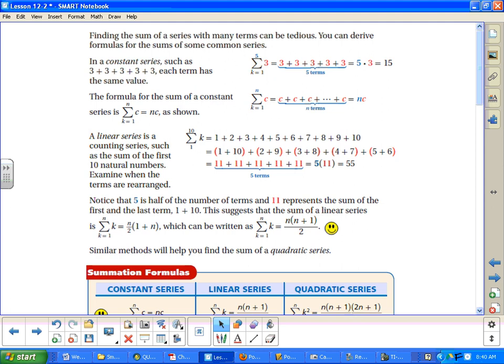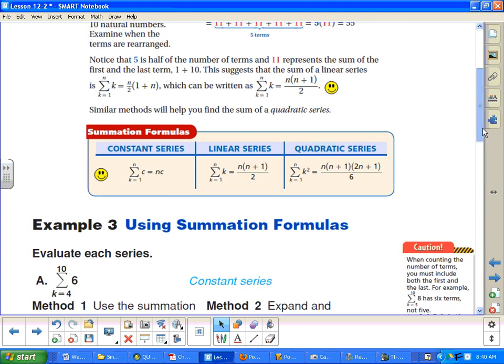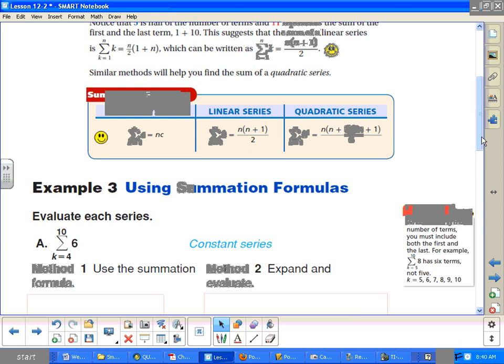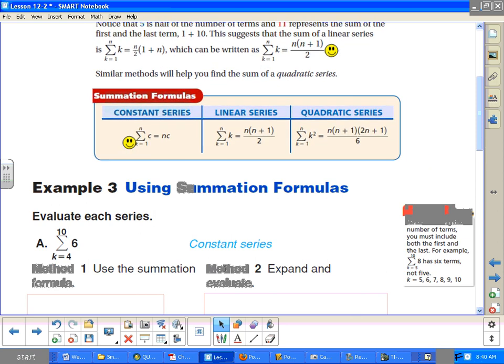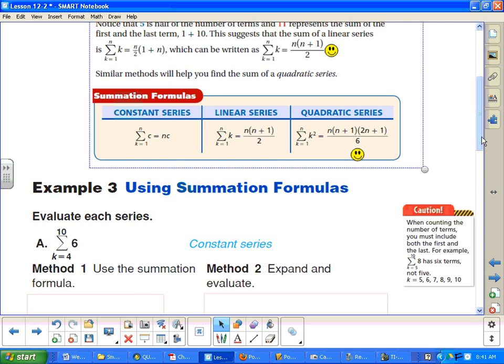And they also have one for a quadratic series. That if we have the sum as k goes from 1 to n of k squared, so a quadratic, then we can put n into this formula and find the value of it.